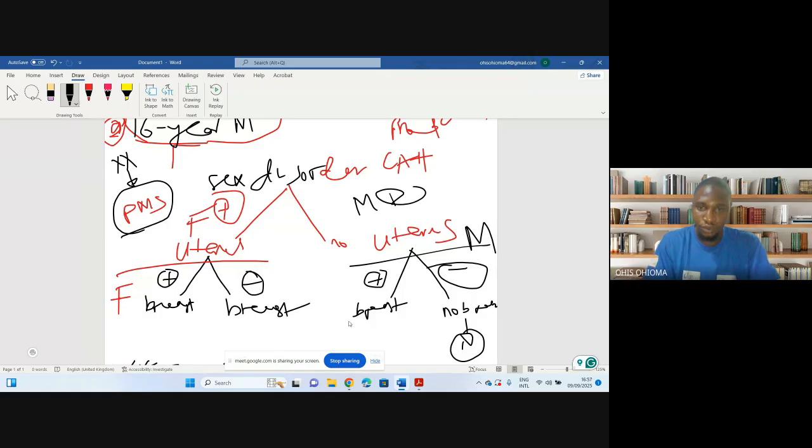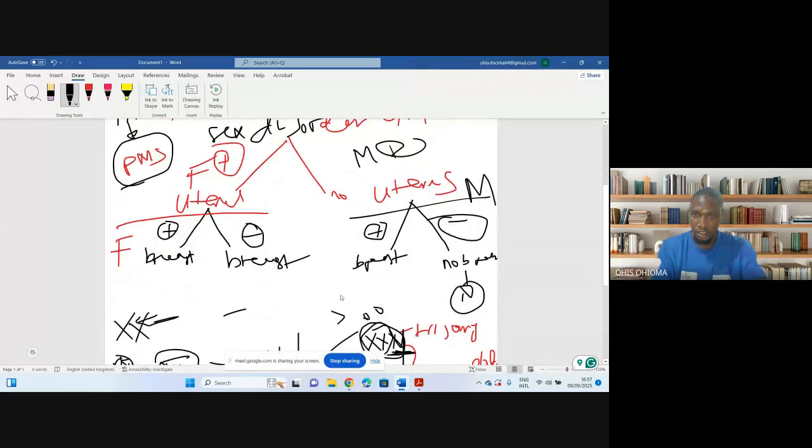The next thing we want to ask ourselves here is that this breast that this patient has, what are the causes of this? What do we want to look at next? The next thing we want to look at here is, does this patient have pubic hair, or is there no pubic hair?